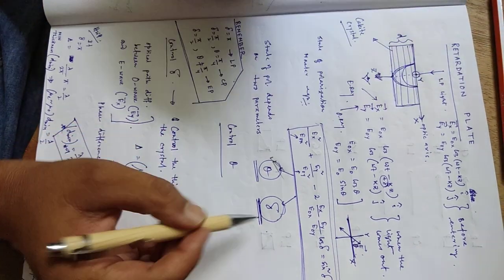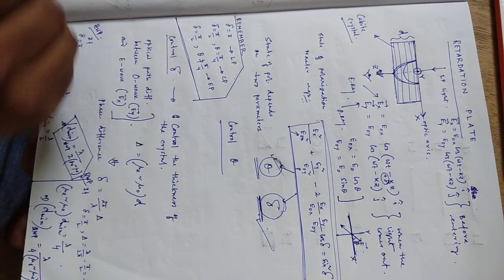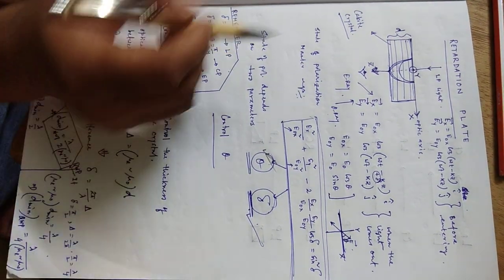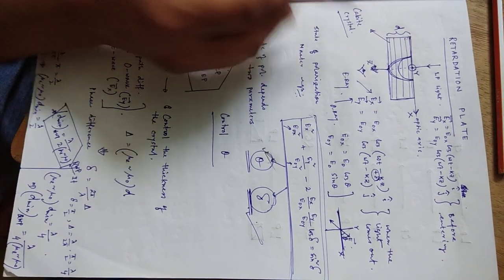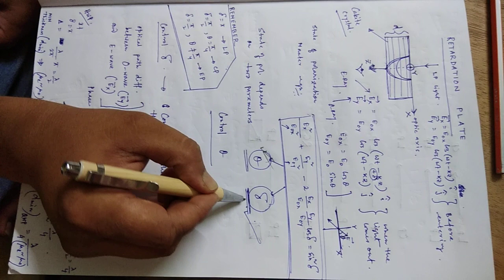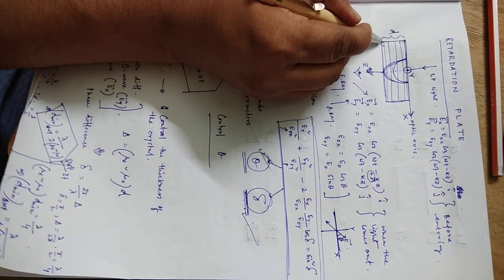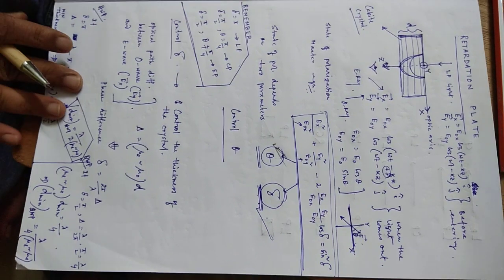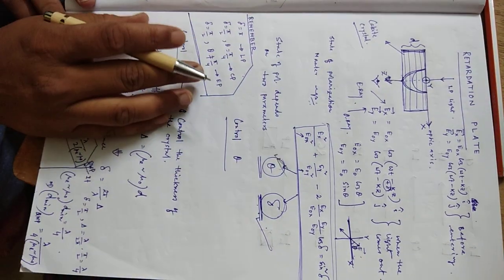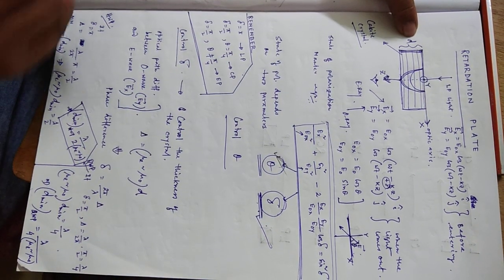So on which factor does this delta depend? As long as the wave is traveling inside this crystal, phase difference is acquired. That means this phase difference delta depends on the thickness of this crystal. Let's say D is the thickness of this crystal.